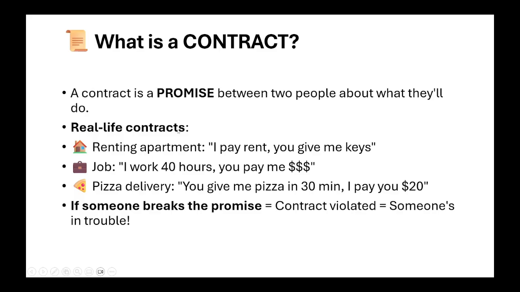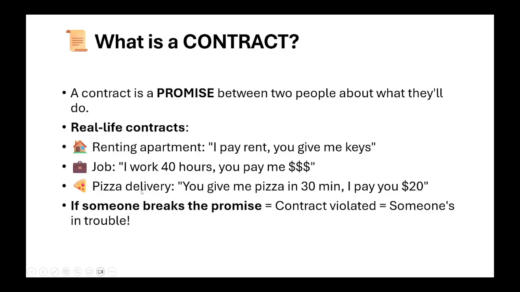An example for contract is like everyone rents an apartment. That is, the contract says I pay you rent, you give me space and keys for staying in the apartment for a fixed period of time that is mentioned in the contract. And another example we have is a job. So you work for 40 hours and I pay you some amount of money that is decided in the contract.